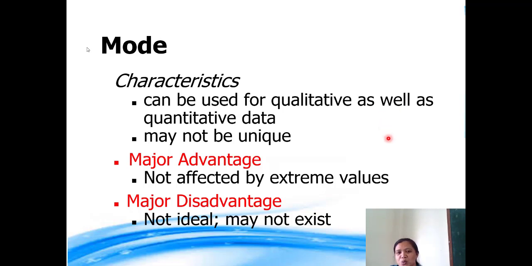If we have two modes, it is bimodal. And if every value appears only once in the set of data, it has no mode. Major advantage: not affected by extreme values. Major disadvantage: not ideal and may not exist.